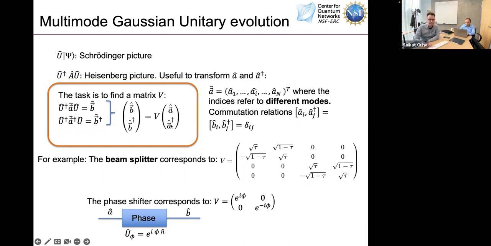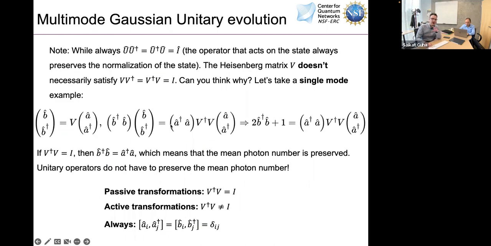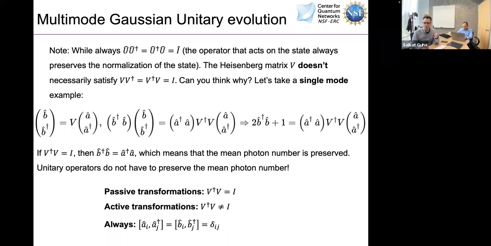Now, a small remark to avoid confusion, because I had that confusion many years ago. What does unitarity mean? Unitarity in the Schrödinger picture and unitarity in the Heisenberg picture mean different things.